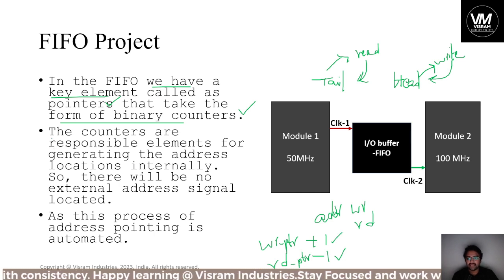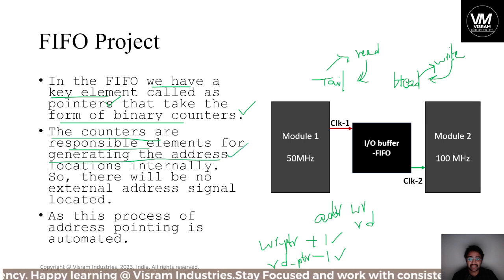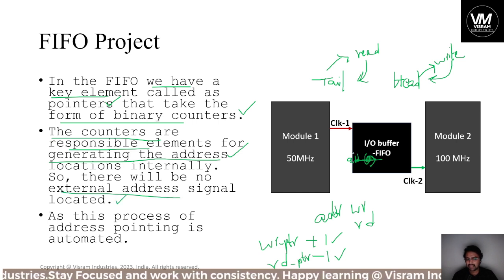The counters are responsible for generating addresses internally inside the FIFO, so there is no external address signal. For the FIFO, we are not giving address signals as we do in a memory.